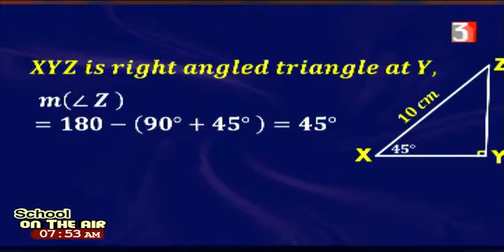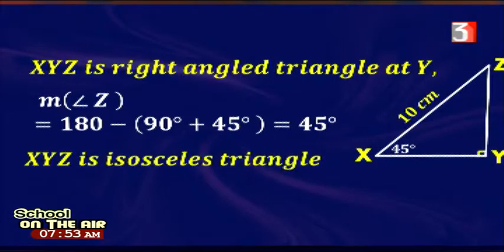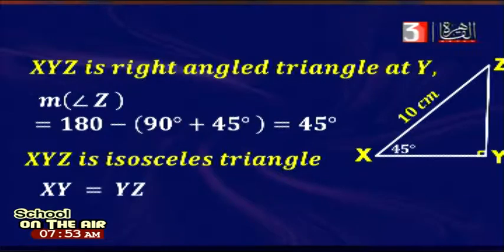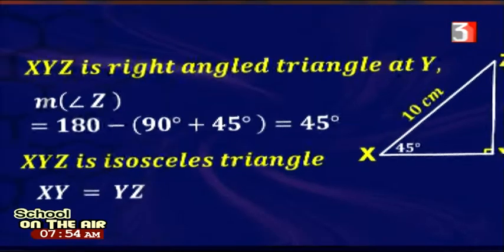So this triangle is going to be an isosceles triangle. And in this case, isosceles triangle means that you have two sides equal in length. What are they? Yes, they are XY and YZ, as XZ is the hypotenuse, which is the longest. So in this case, we can say that XY and YZ are equal in length.